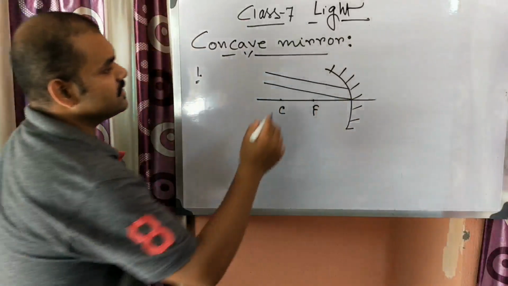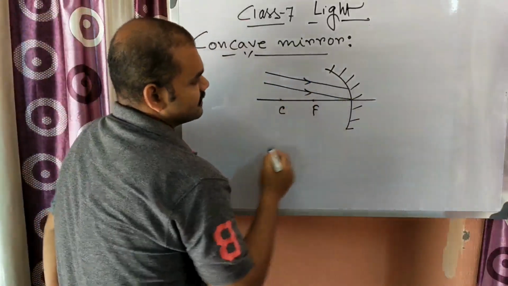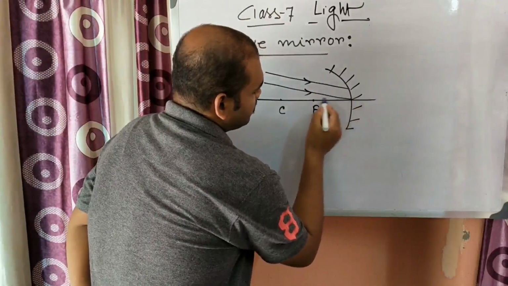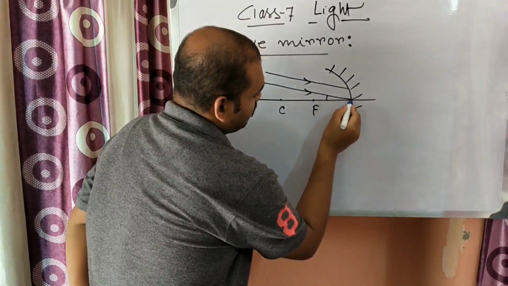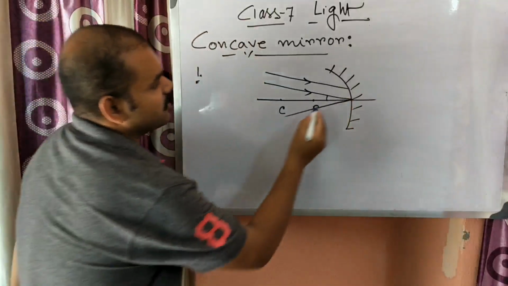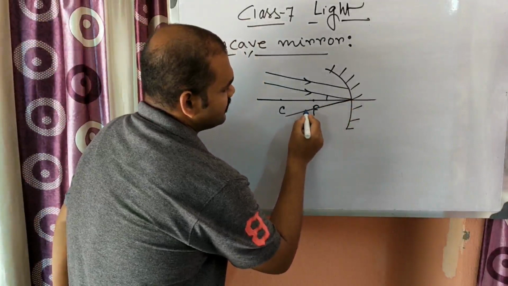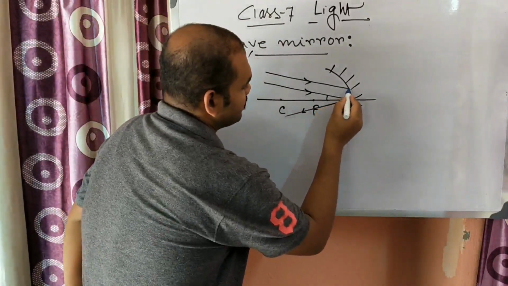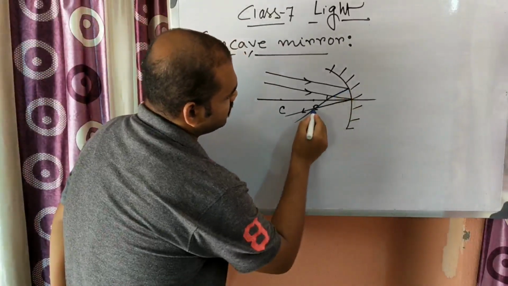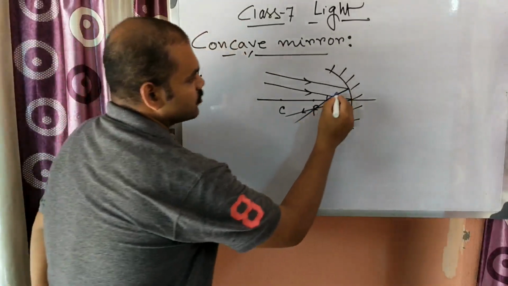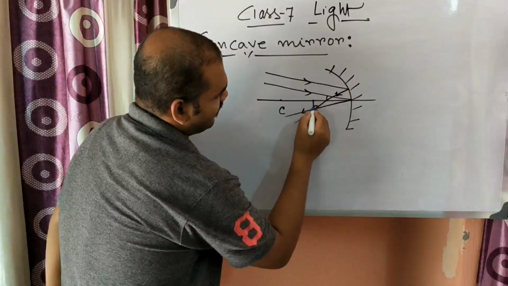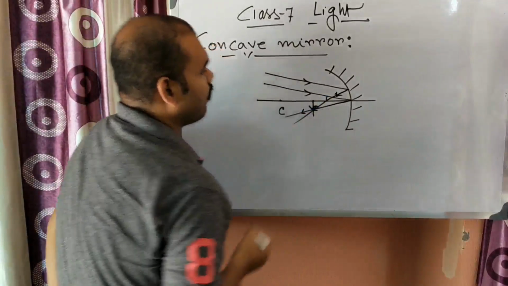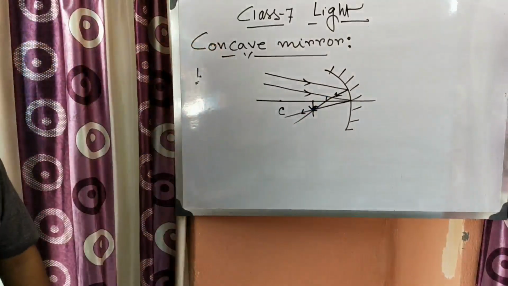Okay, so these are the parallel rays. Now after reflection, this ray will go like this, because this angle and this angle is same, and this ray will reflect like this and meet at a particular position. So at that time, here an image of that object which is at infinity forms.